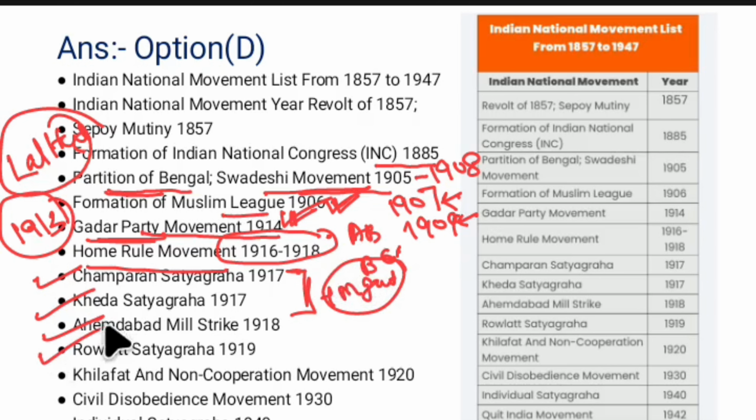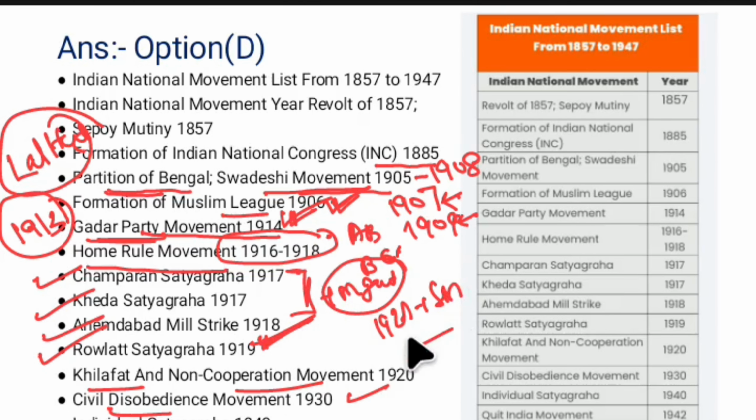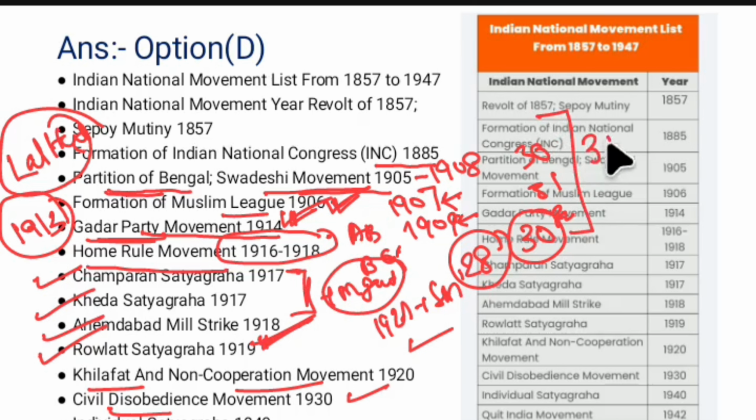And the Rowlatt Satyagraha in 1919, the Khilafat and NCM in 1920, CDM in 1930, and in 1927 the Simon Commission was established. In 1928 the Simon Commission came to India, and in 1930 it released a report, and in 1930, 31 and 32, three round table conferences happened.